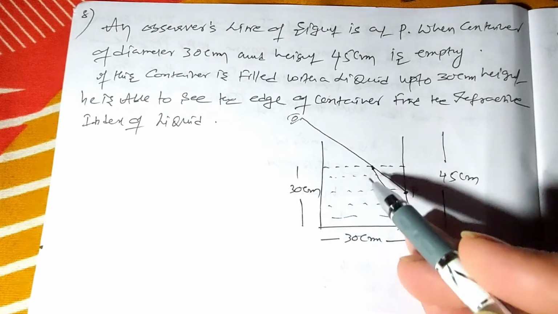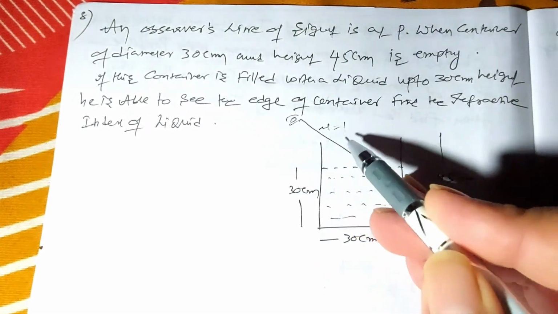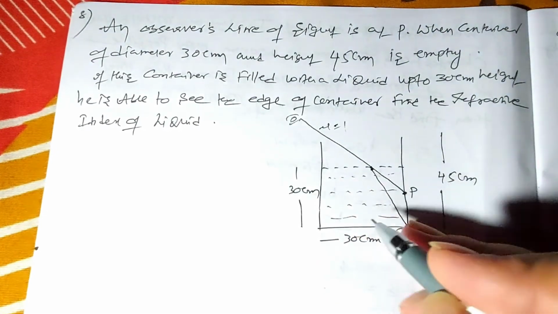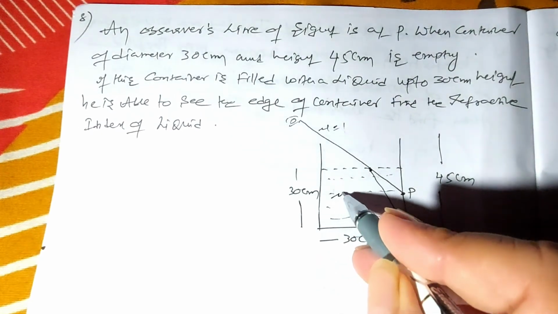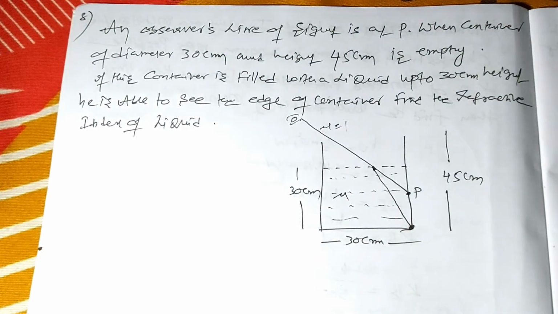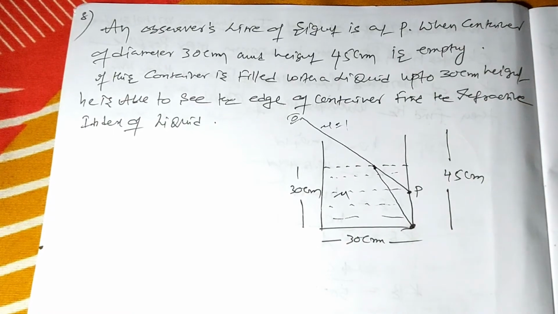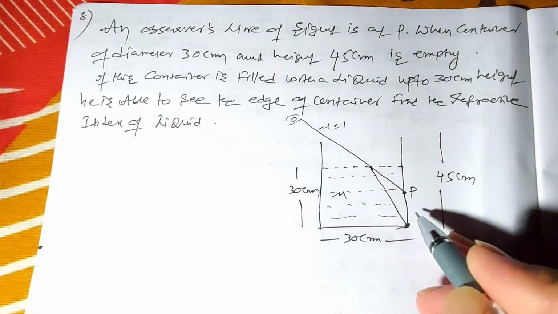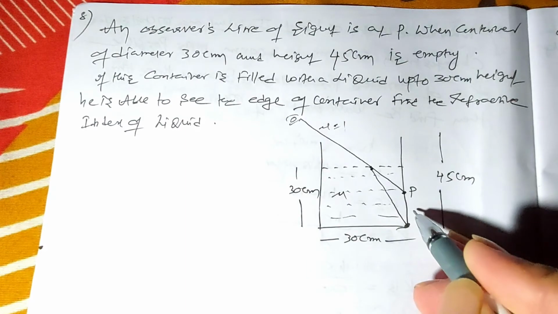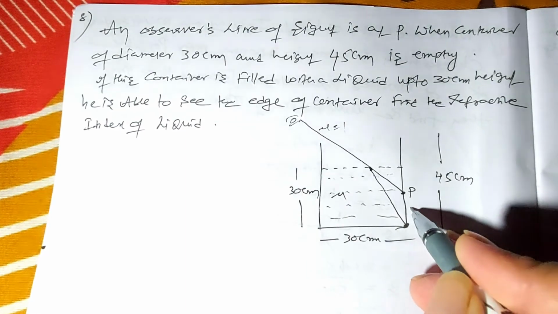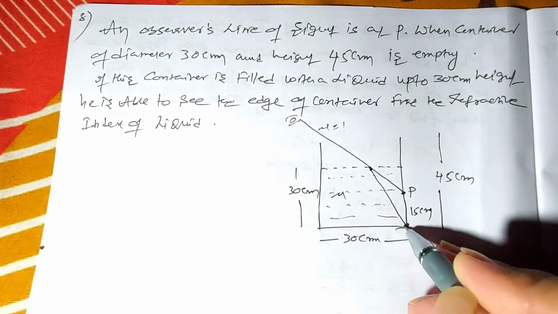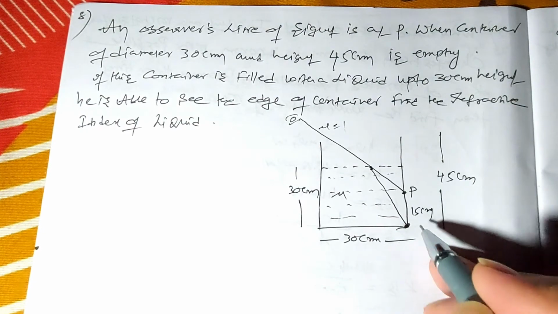Here this is air medium whose refractive index is 1, and this is a liquid medium whose refractive index is mu. This point P is at 15 centimeters height from the bottom of the container.